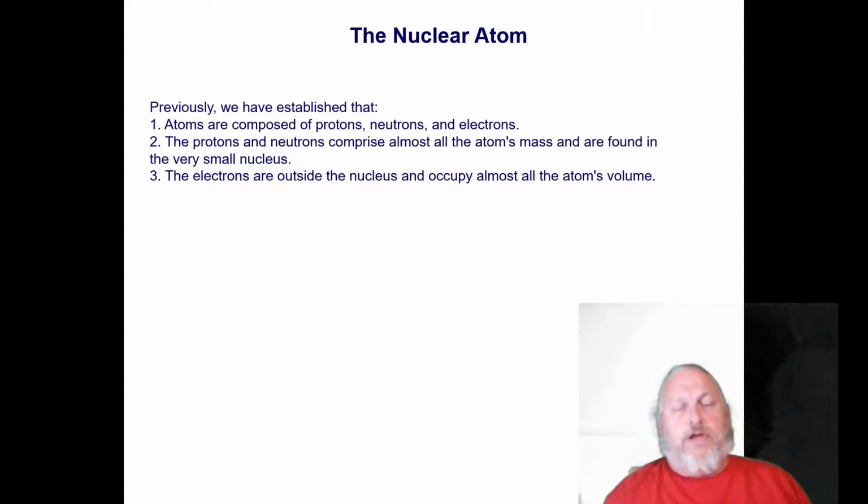So, we know that atoms are composed of protons, neutrons, and electrons. The protons and the neutrons make up almost all the atom's mass and are found in that very small nucleus. And then the electrons are outside the nucleus, and they occupy almost all of the atom's volume. Okay, that's what we know.